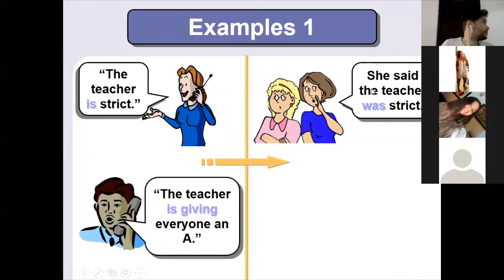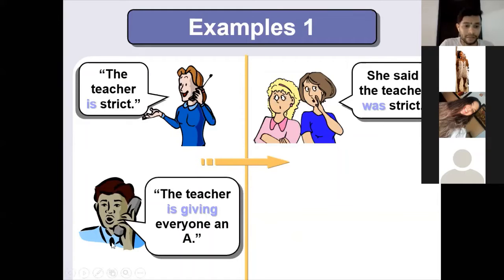Another example. The teacher is giving everyone an A. How is the reported speech? The teacher was giving. No. ¿Cómo se usa el progresivo? Take a look here. The teacher what? I mean, he said. Recuerden que deben de ser siempre el verbo introductorio, right?